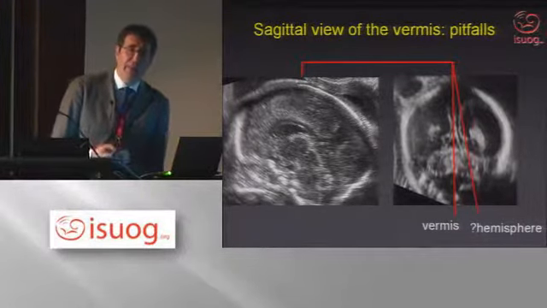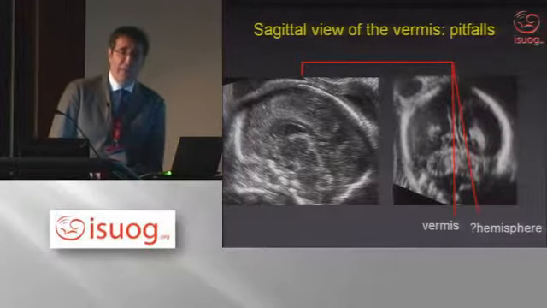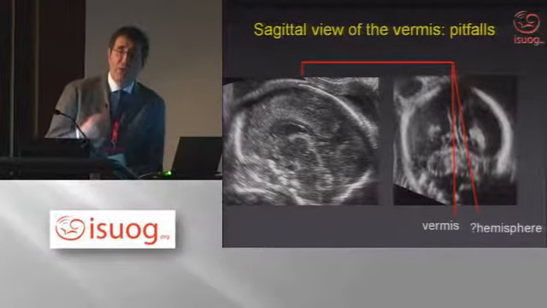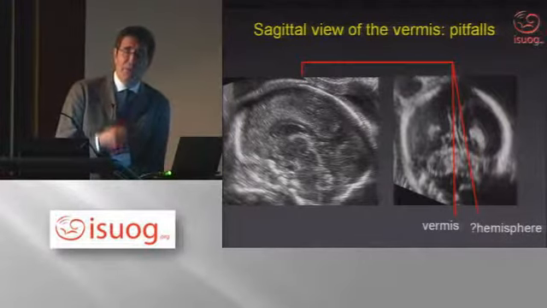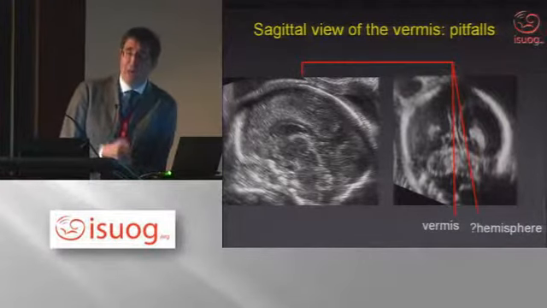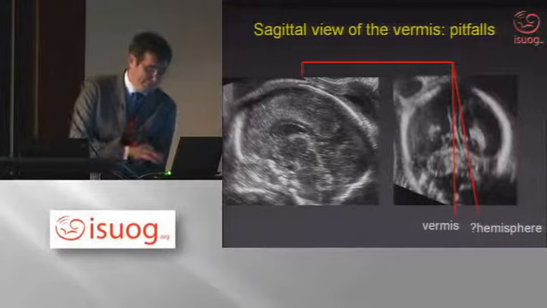Now, the bottom line of this, the sagittal view is very helpful, but first of all, you must be sure that the vermis is present, and you can only be sure that the vermis is present by an axial scan. I hope that that is clear to you.